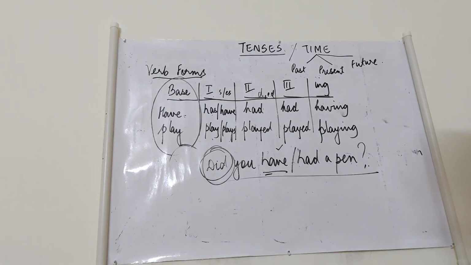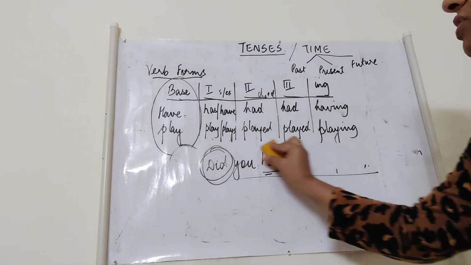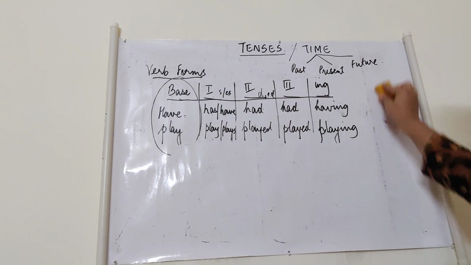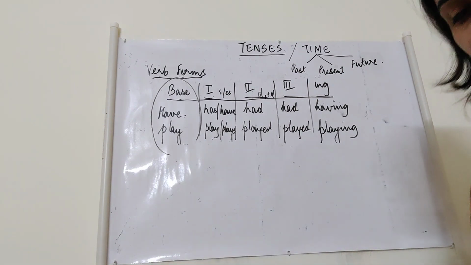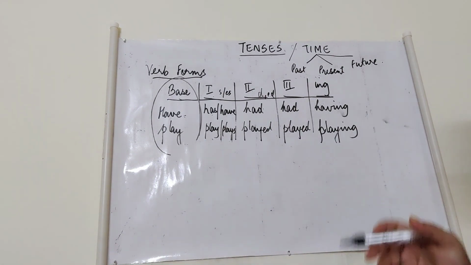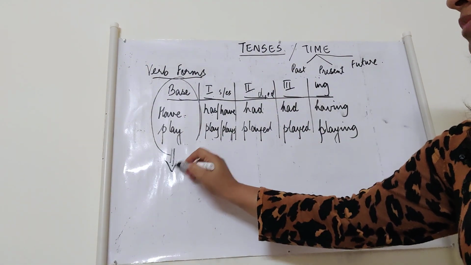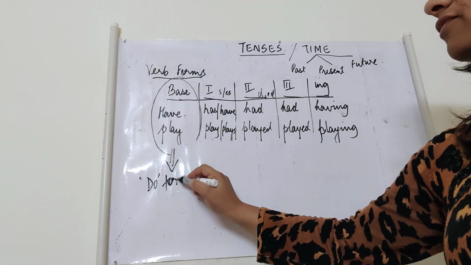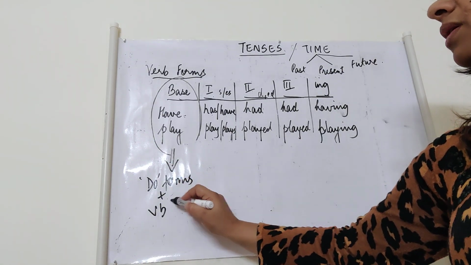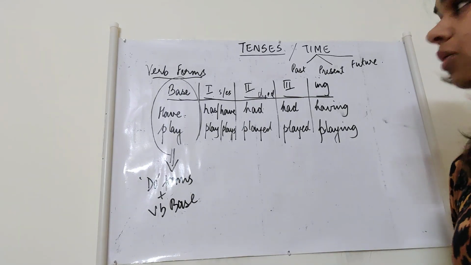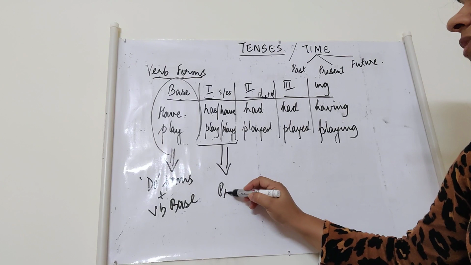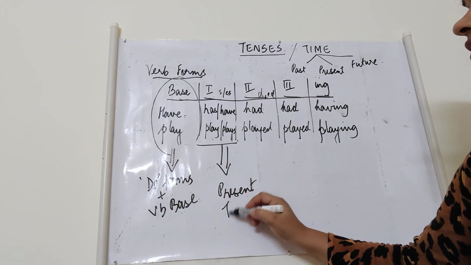Now, children, framing of questions we have already covered in the earlier chapter. So, I am going to start with the simple tense, which we call the indefinite tense. Okay, so before moving ahead, I told you that the base form of the verb is always used after do forms. Similarly, the first form of the verb is always used for the present tense.